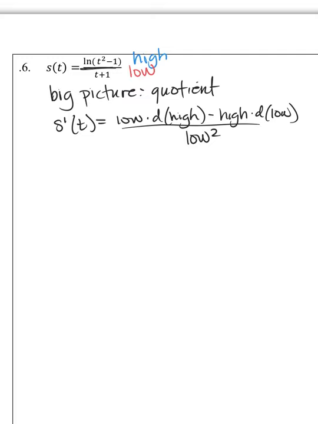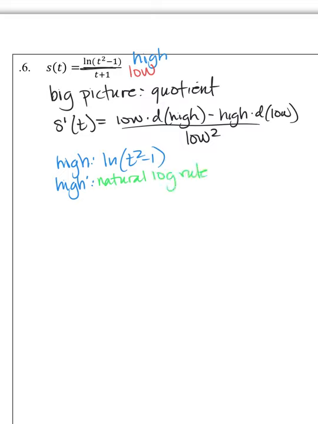All right, so the high function is that natural log, and for its derivative we're going to be using the natural log rule. So in this case, we're going to have our g of x equal to that argument, and its derivative is going to be 2t.